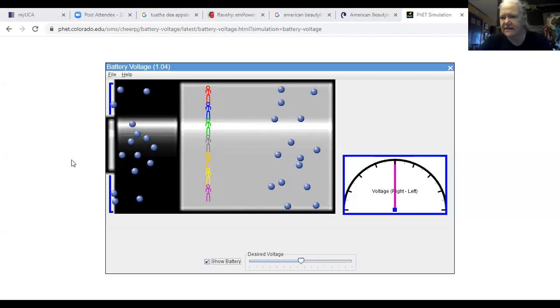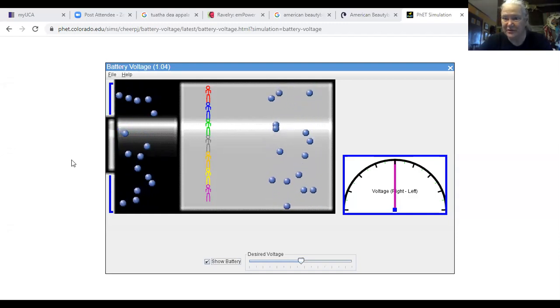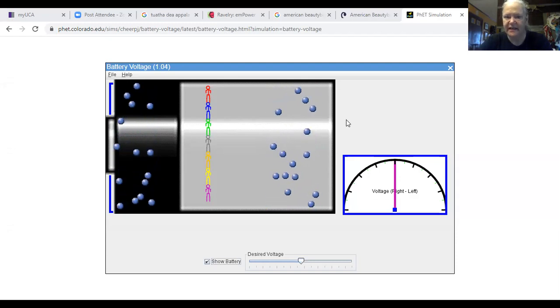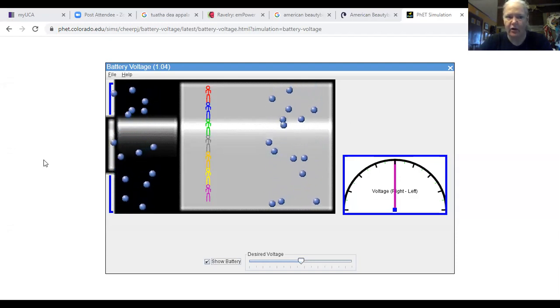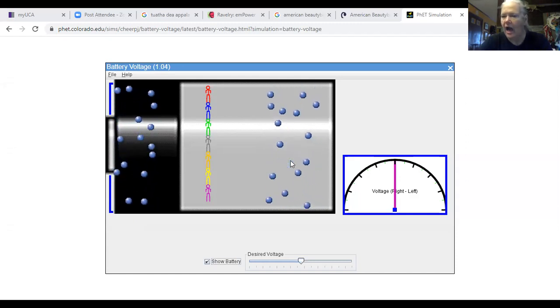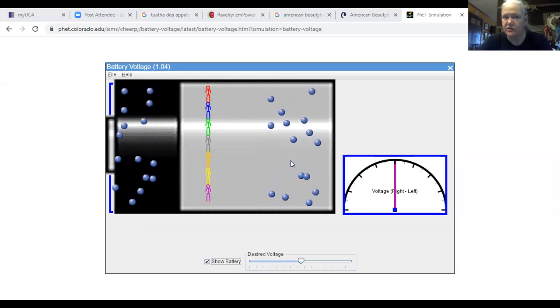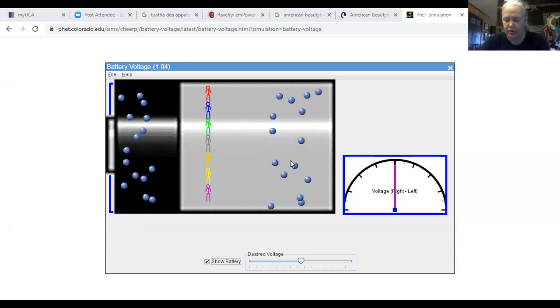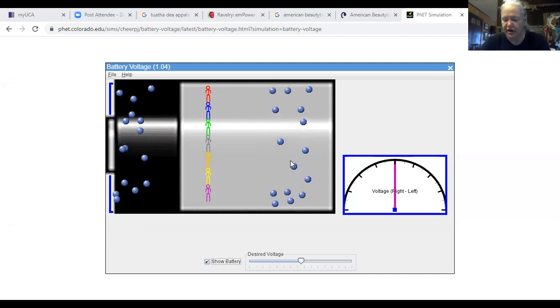Okay, so this is a little silly cartoon, but it shows you what's going on inside a battery. Right now, the potential at both ends of this battery are the same, because if I counted all of these blue dots, they would have the same number, and these blue dots represent my electrons. Remember, we're talking about the free electron model where the electrons are the charge carriers.